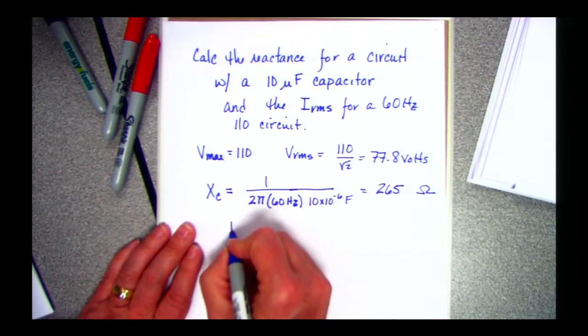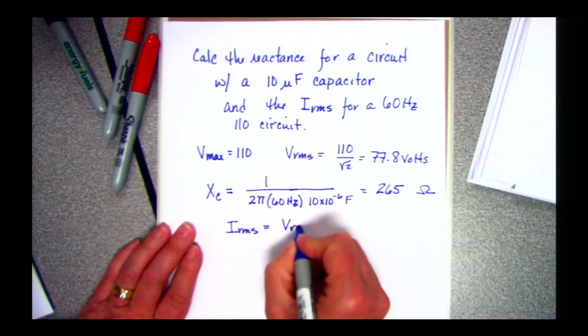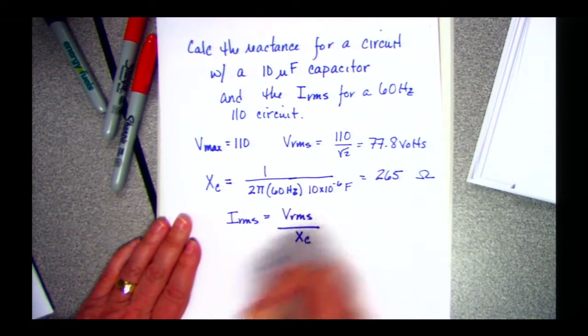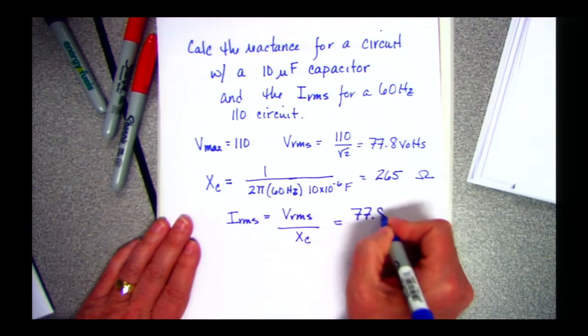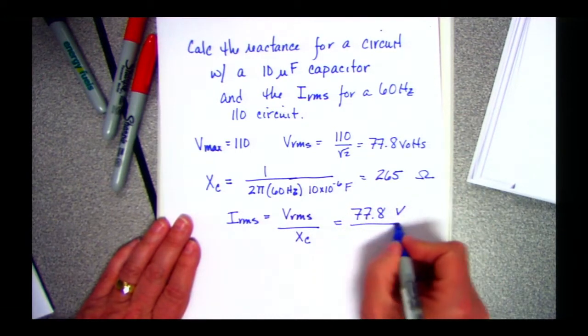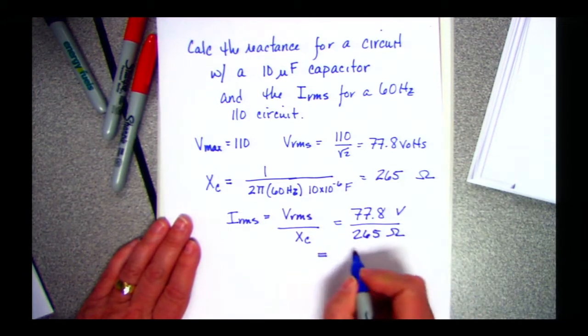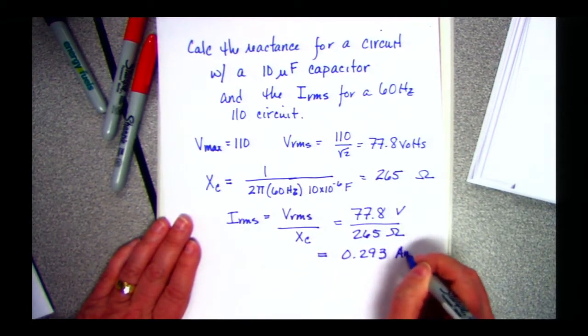Now my current RMS is going to equal my voltage RMS divided by the reactance. That's going to give me 77.8 volts divided by 265 ohms, which gives me 0.293 amps.